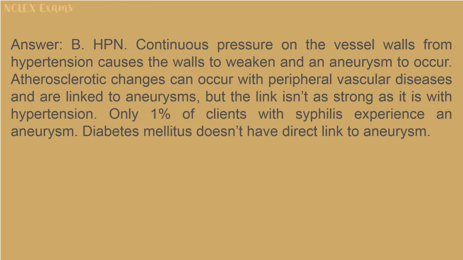Continuous pressure on the vessel walls from hypertension causes the walls to weaken and an aneurysm to occur. Atherosclerotic changes can occur with peripheral vascular diseases and are linked to aneurysms, but the link isn't as strong as it is with hypertension. Only 1% of clients with syphilis experience an aneurysm. Diabetes mellitus doesn't have a direct link to aneurysm.